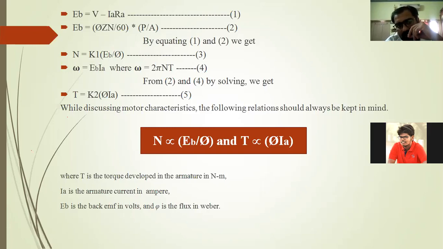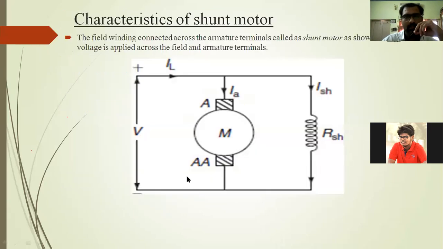The torque is developed in the armature due to the flux and the current passing through the armature, which is why it is measured in Newton meters. Here I have mentioned the terms: tau is the torque developed in the armature, measured in Newton meters, IA is the armature current in amperes, EB is the back EMF, and phi is the flux in Webers. So this is the first characteristic we study, that of the shunt motor.